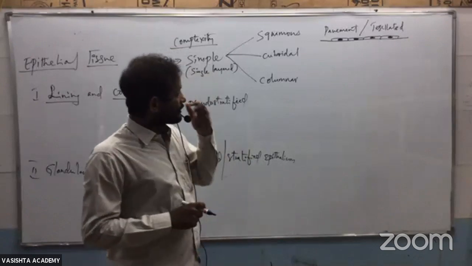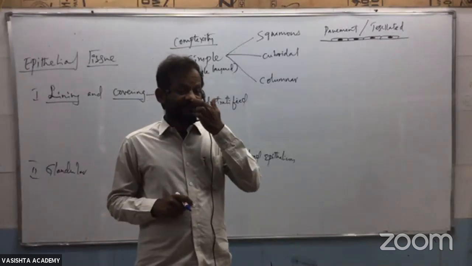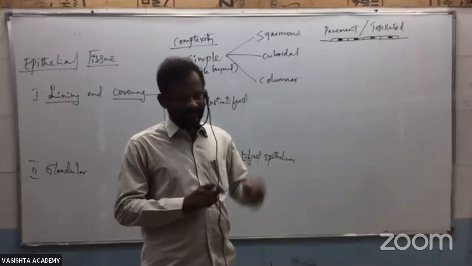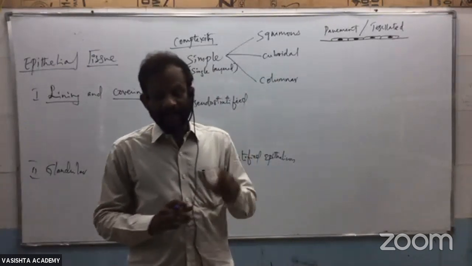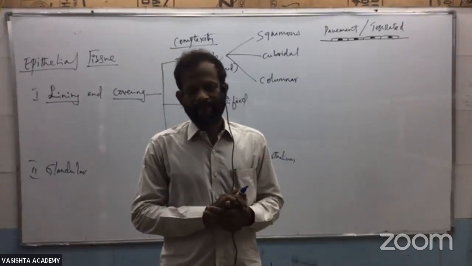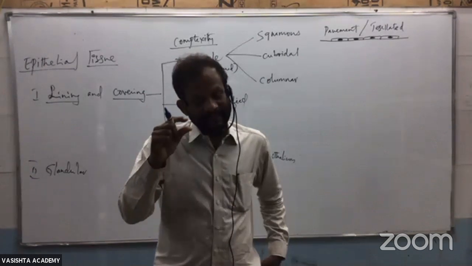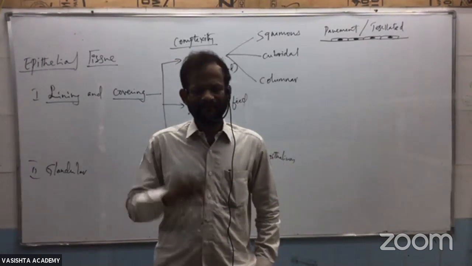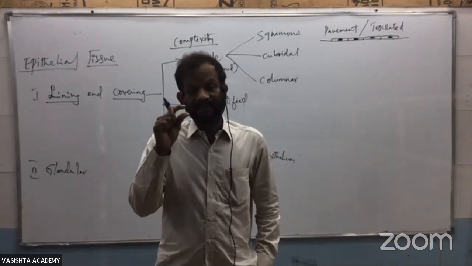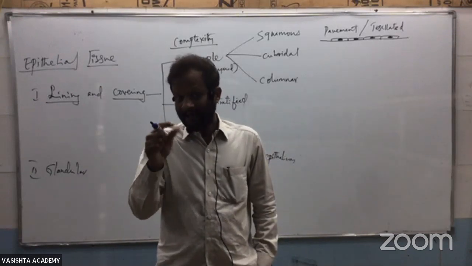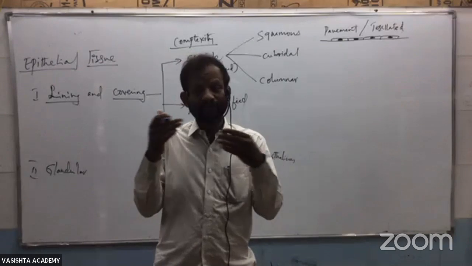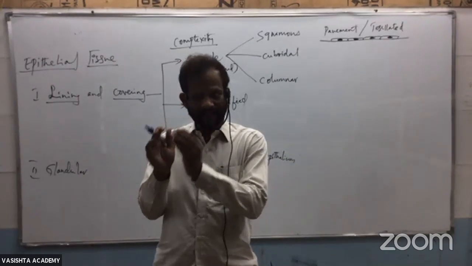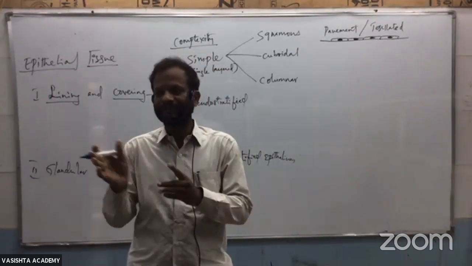So now, this pavement epithelium, the advantage is that the layer will be very thin because the cells are flattened. Very thin layer will help us in the exchange of gases from the lungs into the blood or from the blood into the lungs.